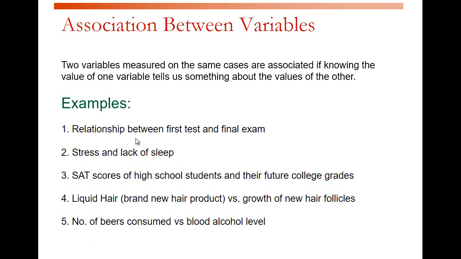Now, in each of these cases, we are looking at the relationship between two variables. When we're looking at the relationship between two variables, usually one of them is called the response variable, and the other one is called the explanatory variable. In the first example, the relationship between the first test score and the final exam score, the final exam score would be the response variable, and the first test score would be the explanatory variable.